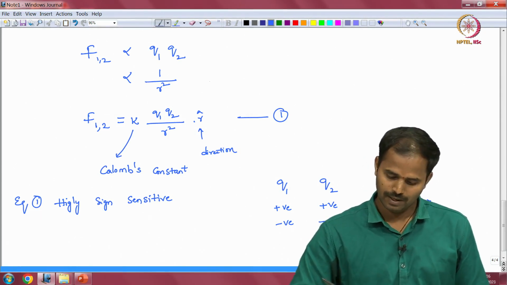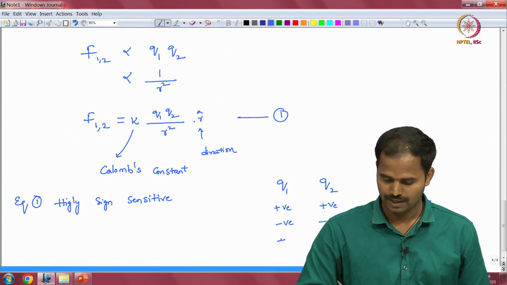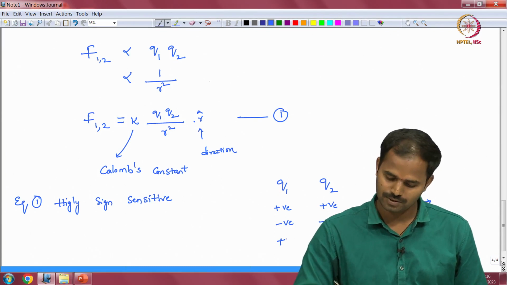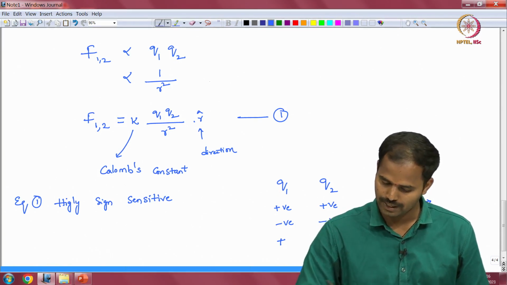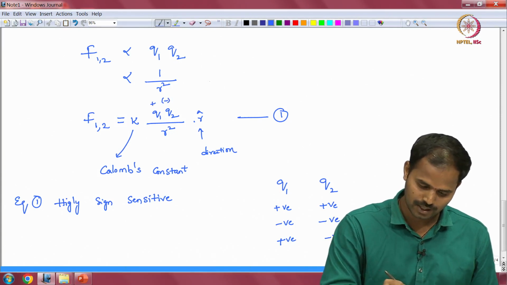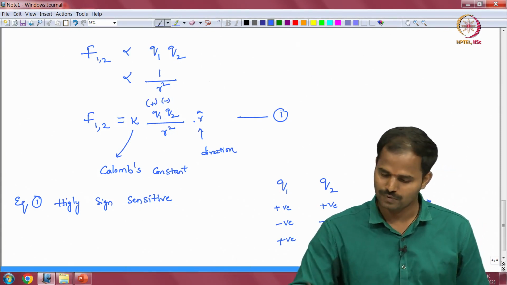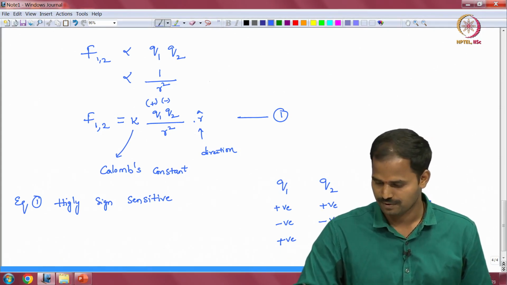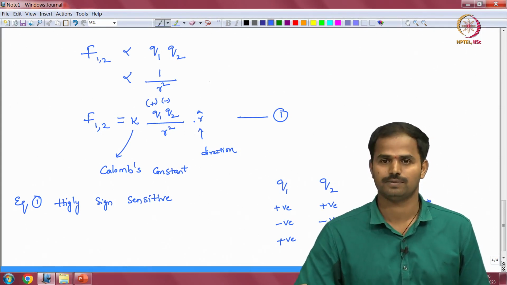But if we change the sign, like q1 is the positive charge and q2 is negatively charged, then here it is positive and here it is negative, then the force will be in the opposite direction with respect to r.